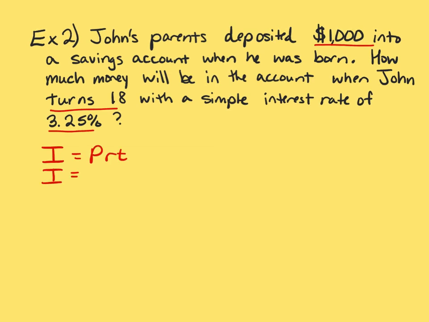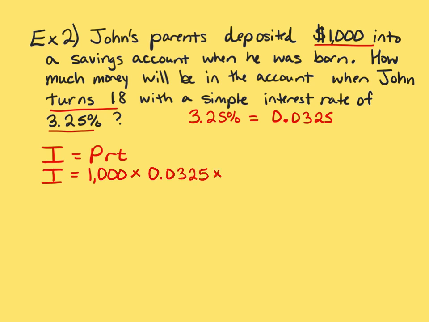So to find the interest, we're going to take the principal, which is $1,000. That's the starting amount of money, times the rate, which was 3.25%, which as a decimal is 0.0325 by moving the decimal 2 places left.